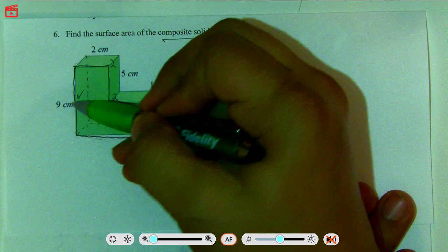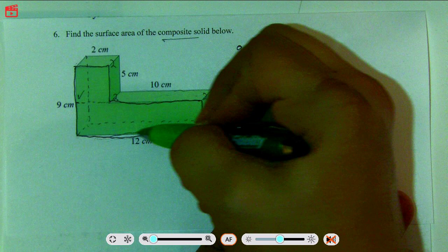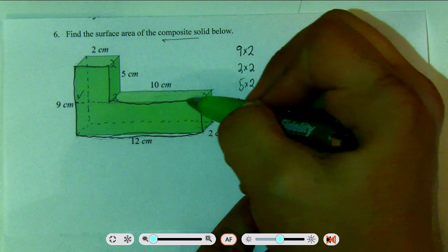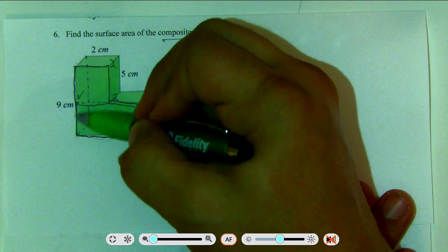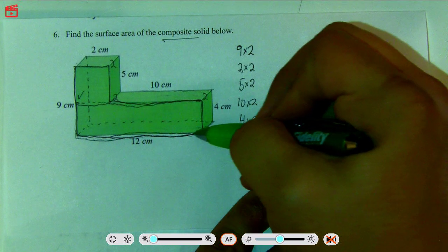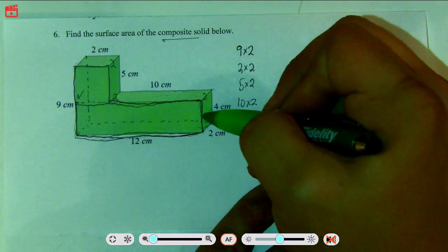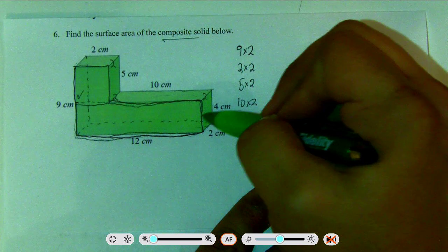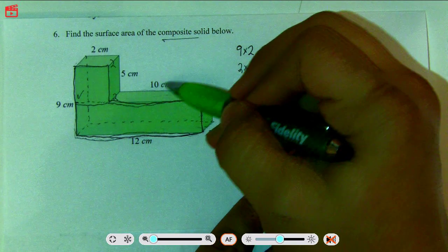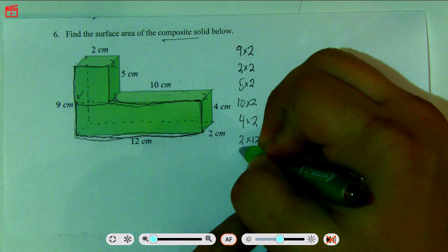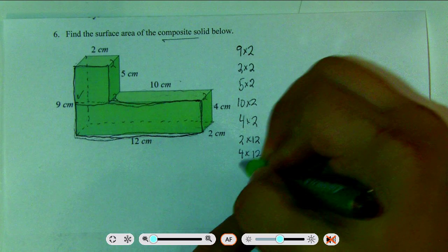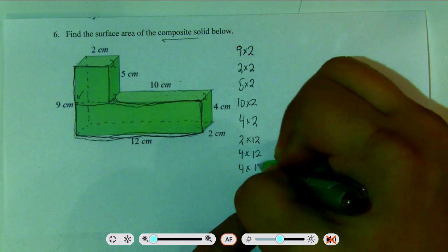So first thing is this rectangle is just a perfect rectangle, and it's 12 by 4. Now there's two of them because there's one on the front side and one on the back side. So we have 4 by 12 and 4 by 12.